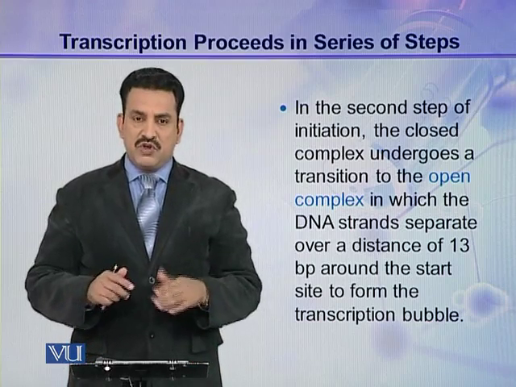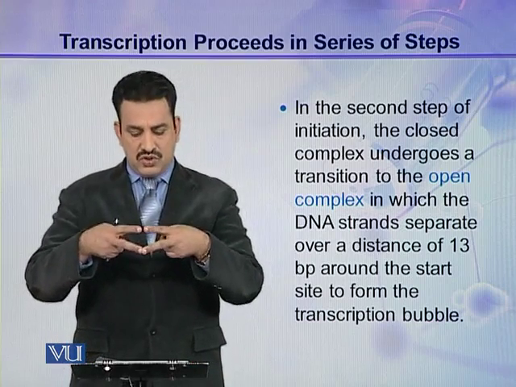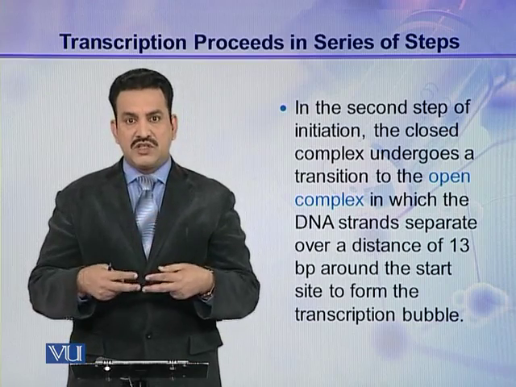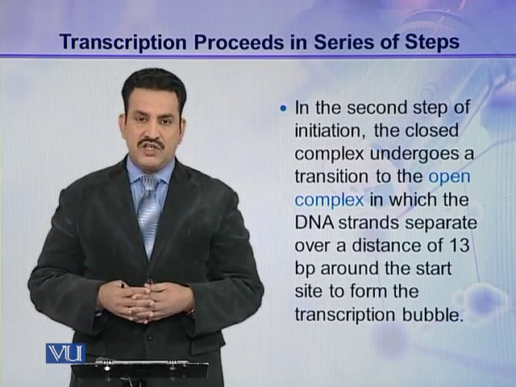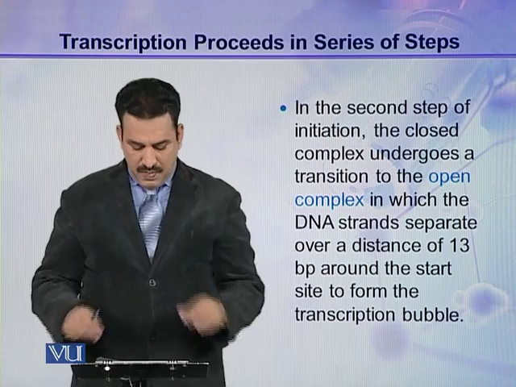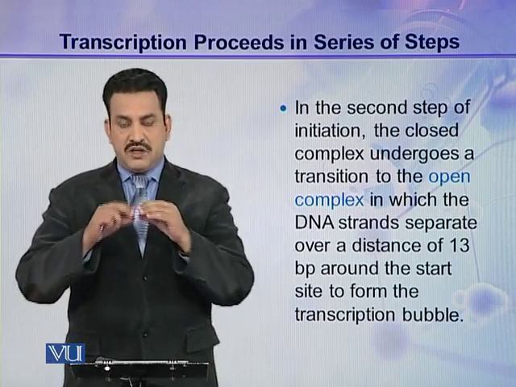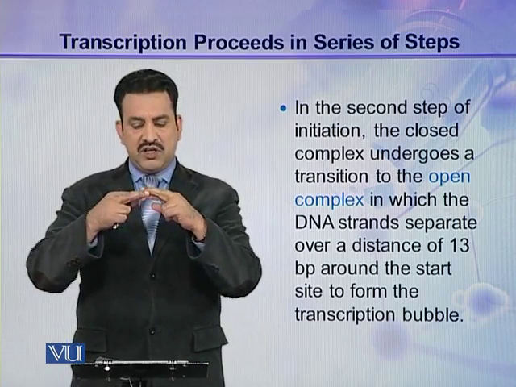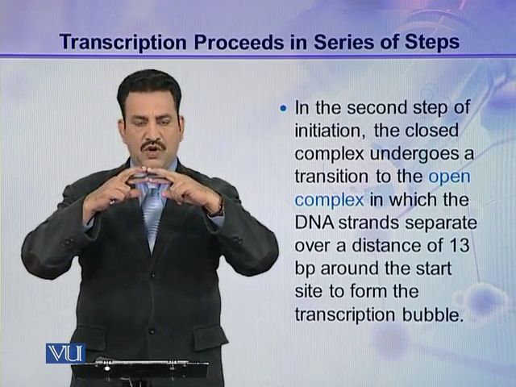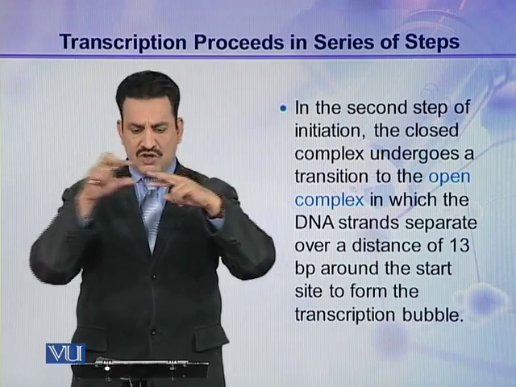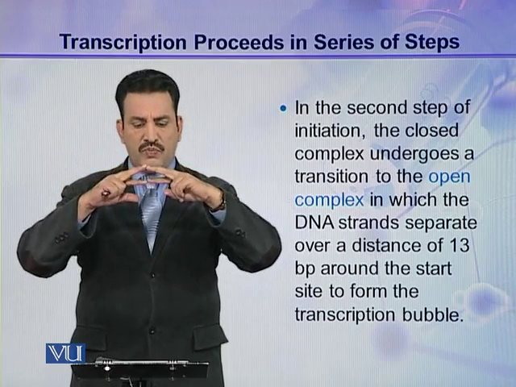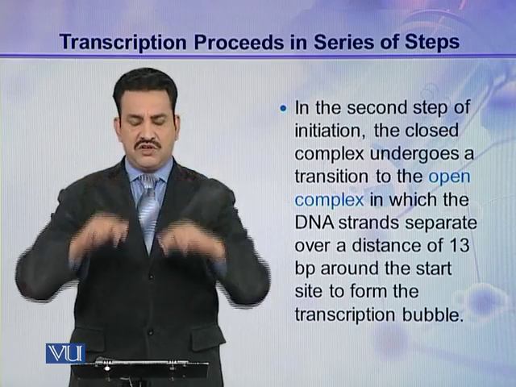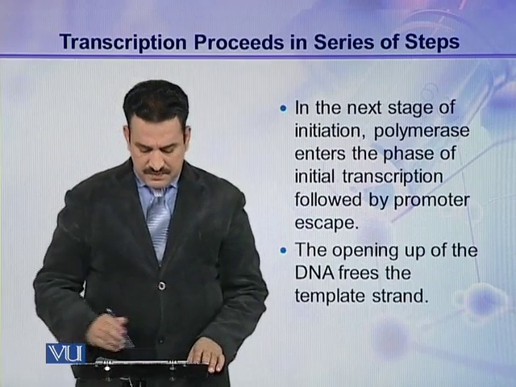Because the DNA is opened up in this step, it is called the open complex. In this step, the DNA double strand opens. About 13 base pairs will open up and form a transcription bubble.